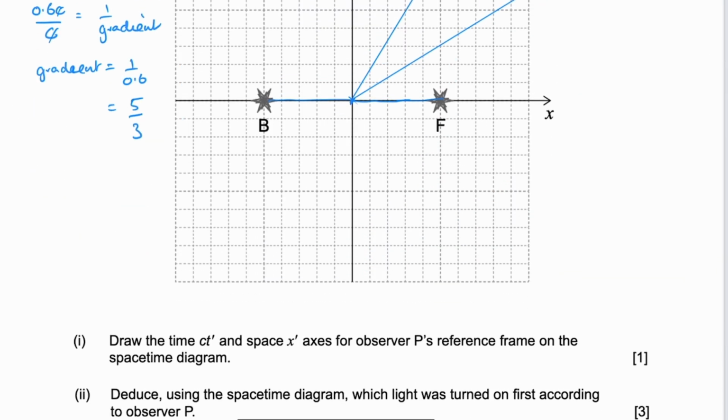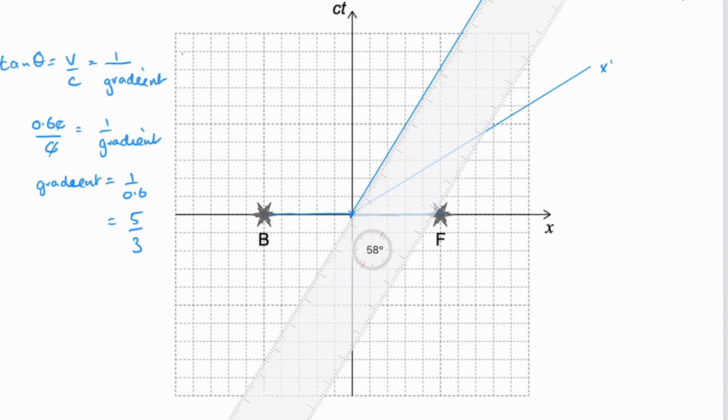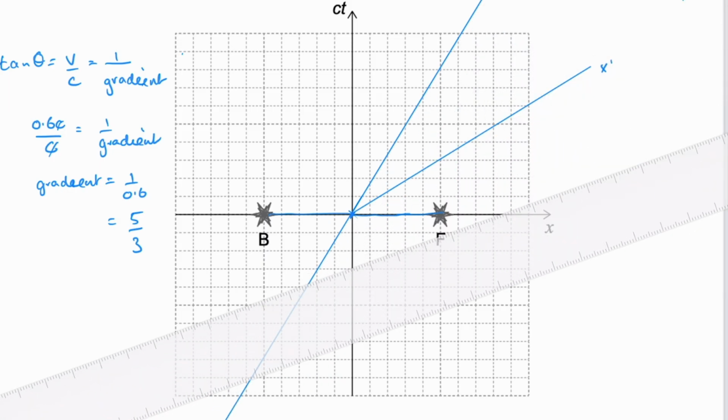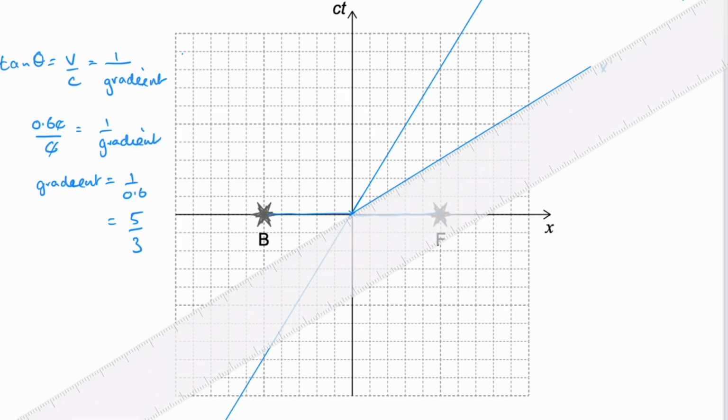D2. Deduce using the space-time diagram which light was turned on first according to observer P. We're going to want to extrapolate back onto the CT dash axis to see where each of these events sit in their time frame. To do that, we want to draw a set of grid lines that are parallel to this x dash axis.